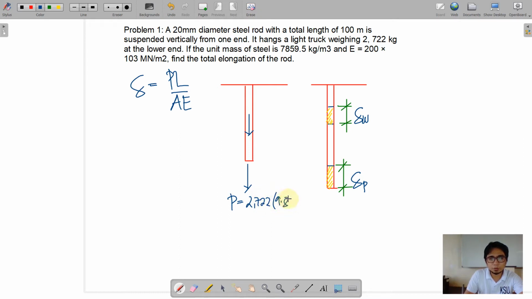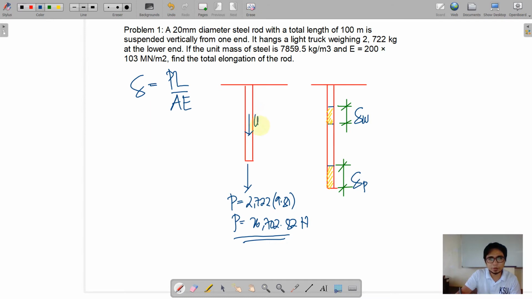Of course, we need to multiply that by the acceleration due to gravity to make it a force unit. So we'll have a value of 26,702.82 newtons.